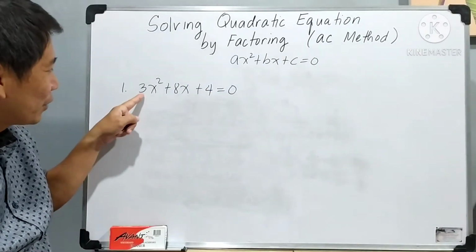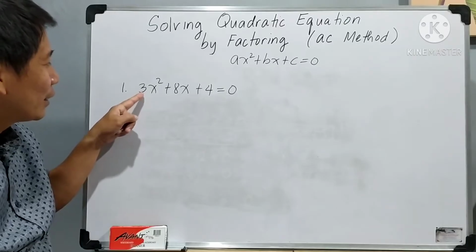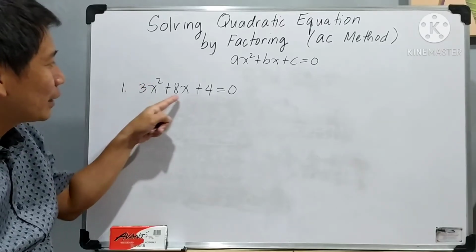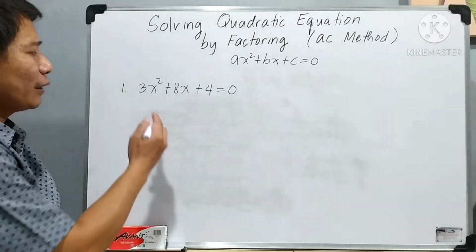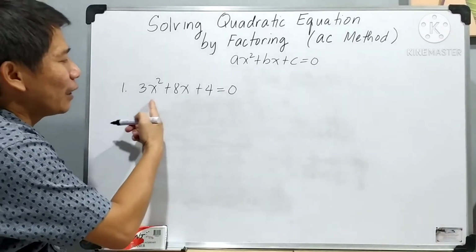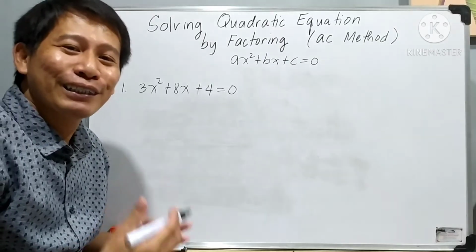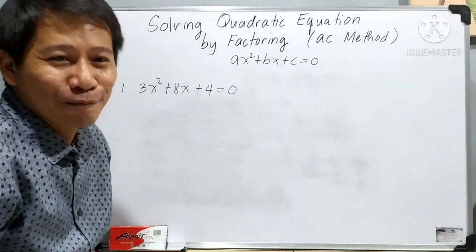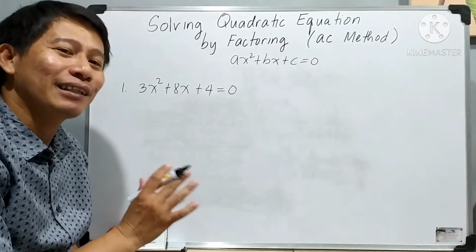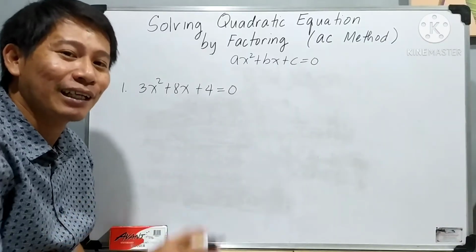So, meron na tayong 3 dito. So, which is 3x squared plus 8x plus 4 equals 0. At yung left side ngayon natin is now a somewhat complicated trinomial. Hindi kagaya kanina, ang tawag natin kasi doon ay simple quadratic trinomial.